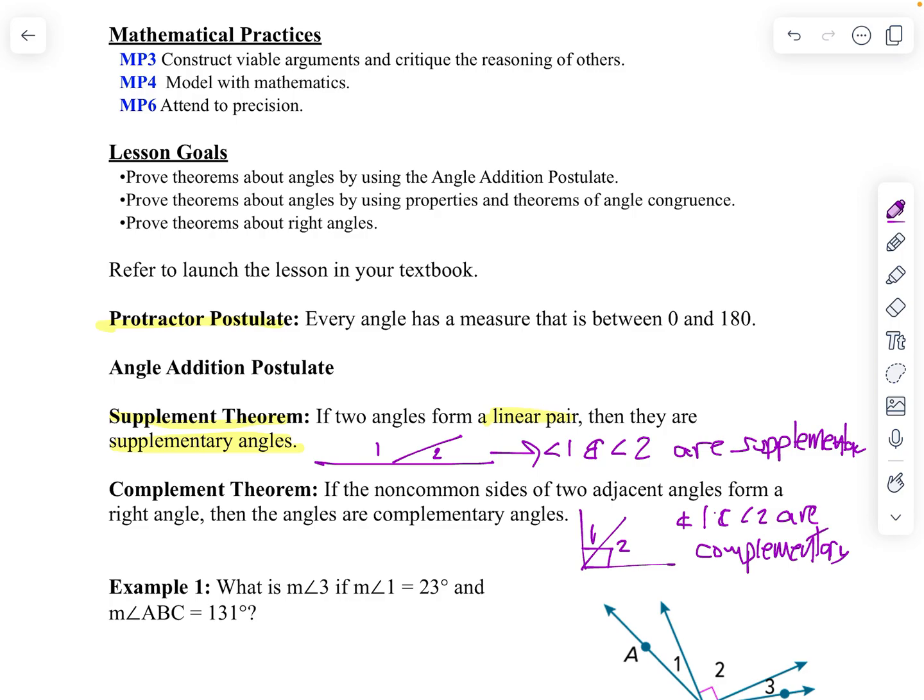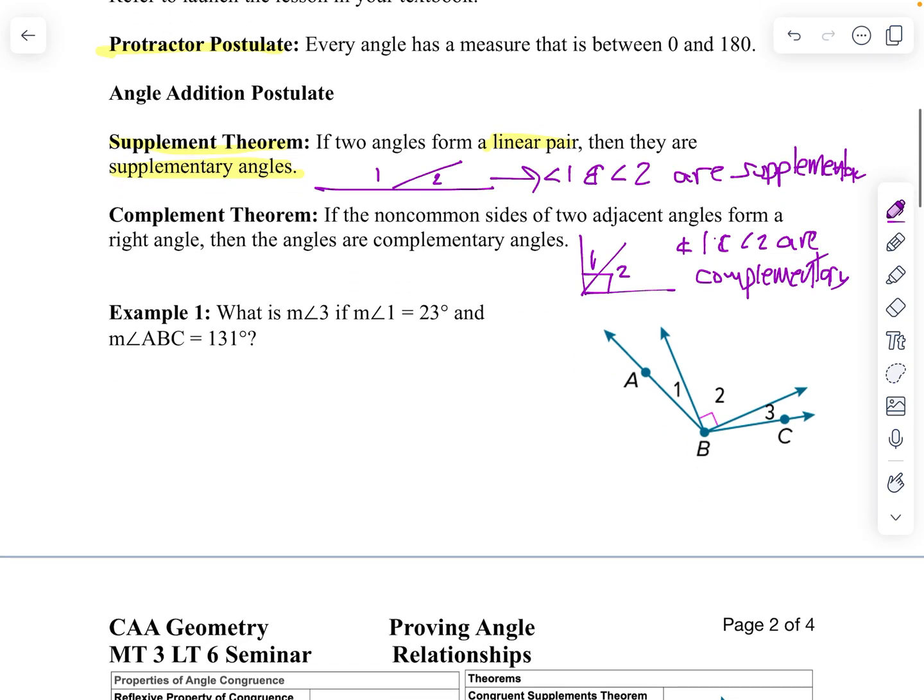Let's do a problem with angle addition. Not a proof, just a problem. So I've got angle 1 is 23 degrees, so let's label that. And I know angle A to B to C, this whole angle, is 131 degrees.